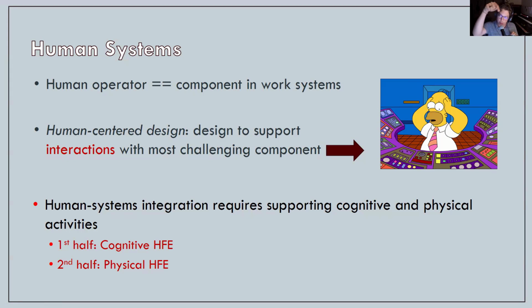So what we do is we put the human in the center and we say, we're going to build around this human that is difficult to change. We're not going to make the human change. We're going to enable the strengths of that human and we're going to design around them. So they're human-centered. Okay, so human-centered design, human operators in complex systems.